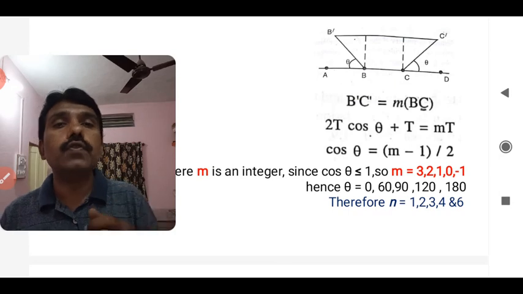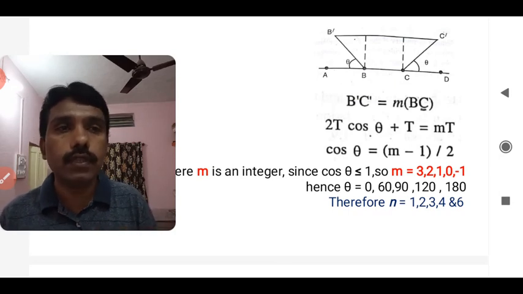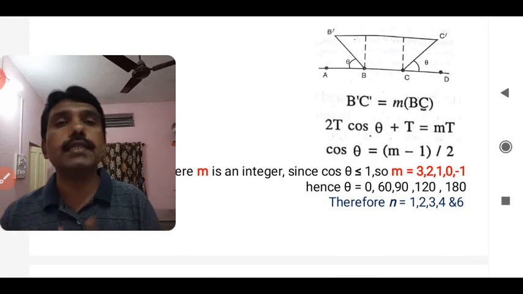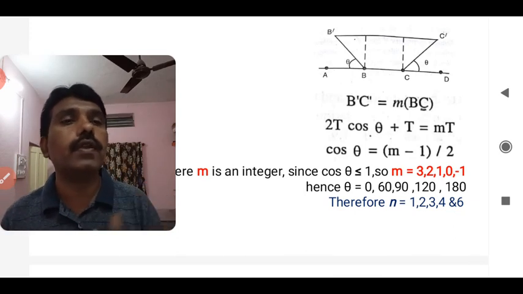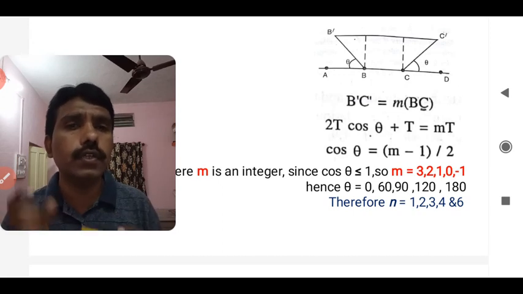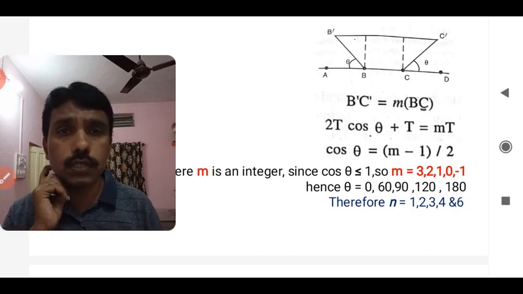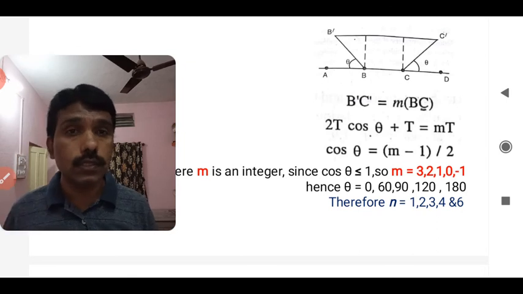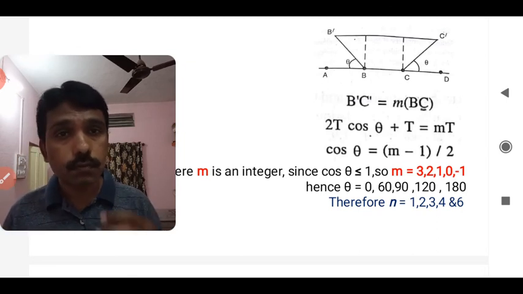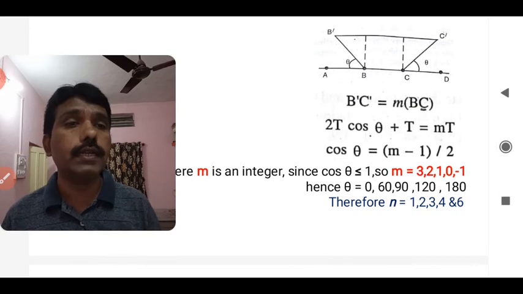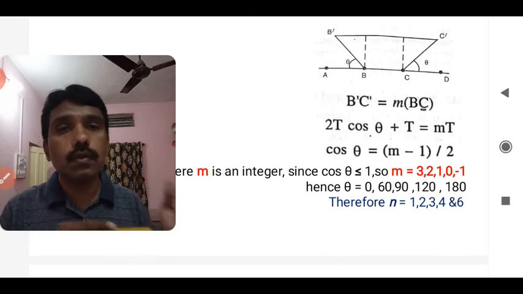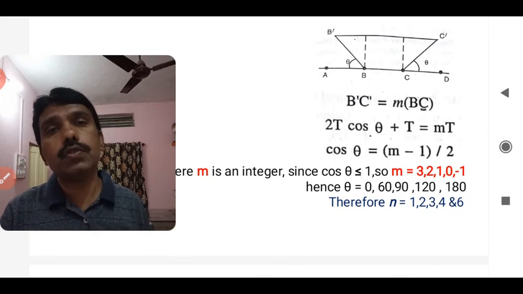And now for cos of theta having different values for this M, if M is an integer in this case, if I am putting different values 1, 2, 3 likewise, first of all you should have in your mind what the maximum cos theta value will be. Cos 0 is always the maximum, having 1, and the cos having the minimum value is -1, so it lies in between these two, that is -1 to 1.